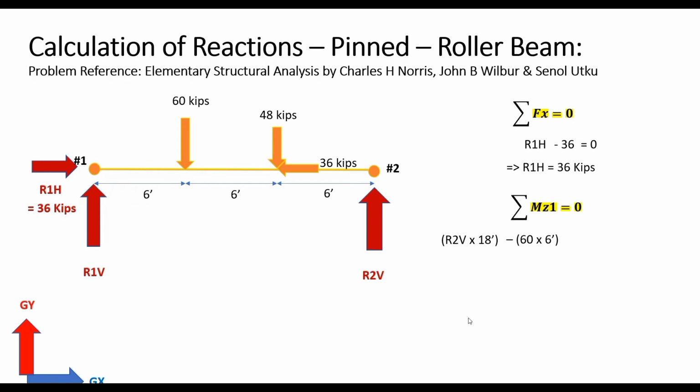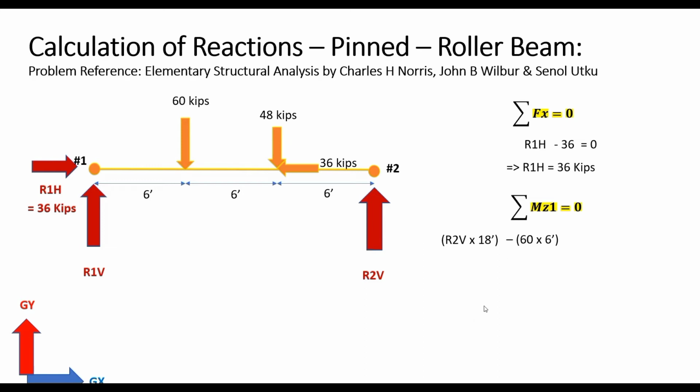Now, it would be negative because the moment created by the 60 kips located at a 6 feet distance would be in the opposite direction than the curl of the fingers created by the right hand thumb rule, or rather it would rotate in the clockwise direction. Remember that when you are using the right hand thumb rule, the thumb would point towards you, that is along the global z-axis, as the global z-axis is pointing towards you.